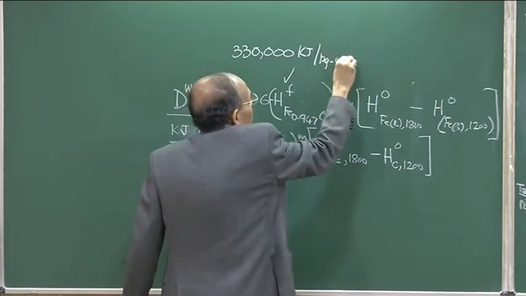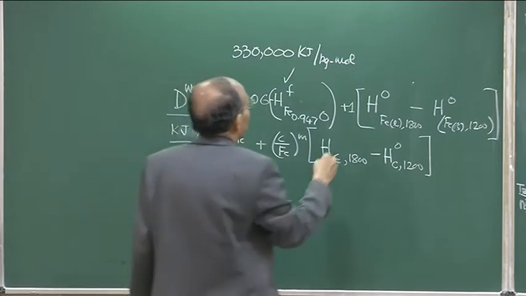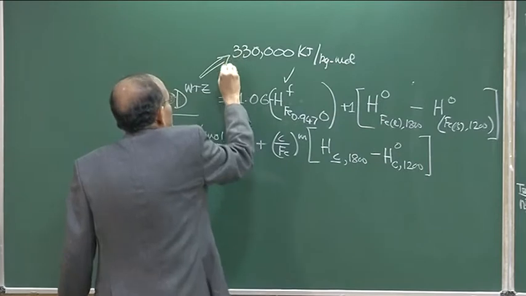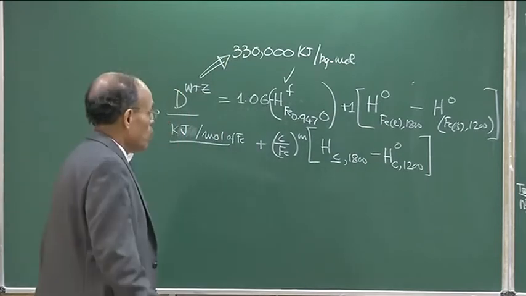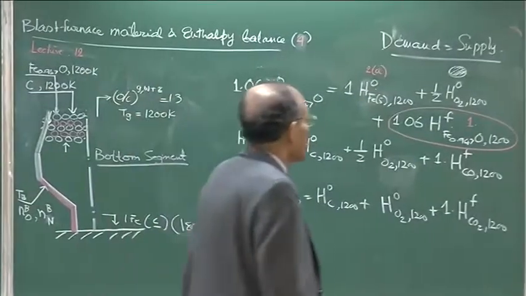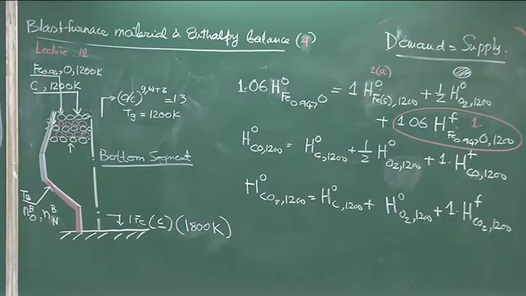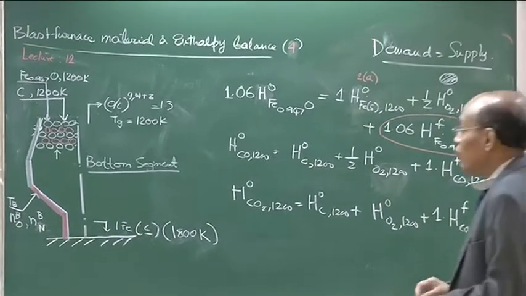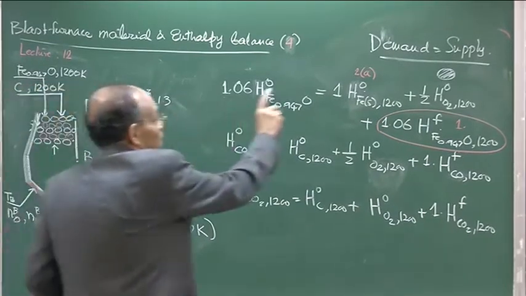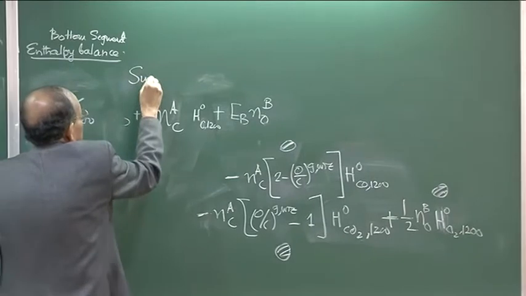I will not always say explicitly kg mole, but we must understand that it is not gram mole. To produce 1 mole of Fe containing 4.3% carbon, that is the kind of bottom segment demand that one has to fulfill, and that demand has to be balanced by the supply term. So the supply is equal to this.